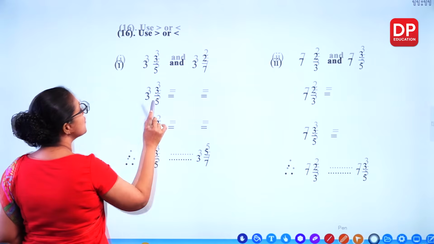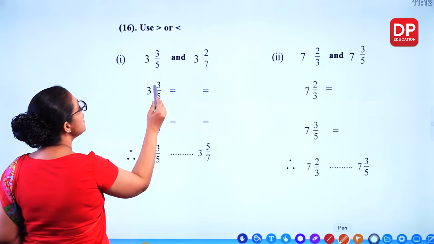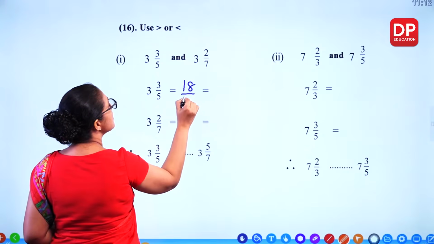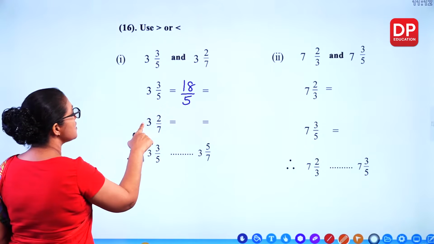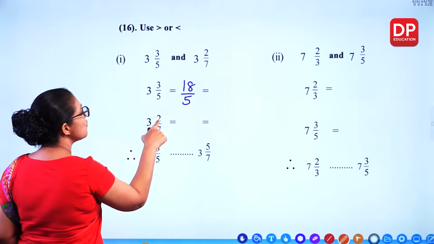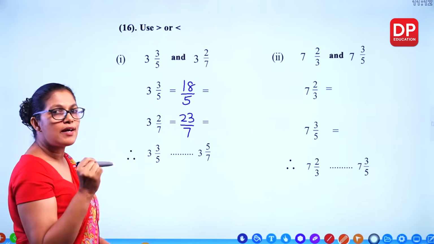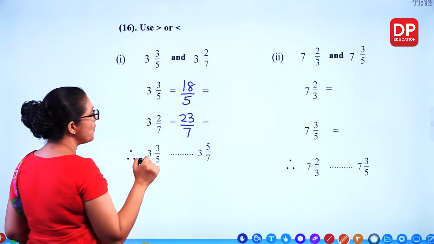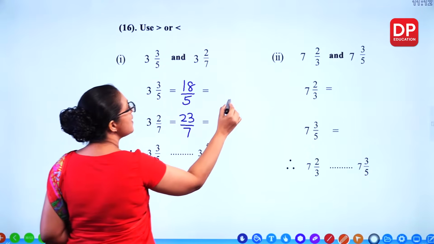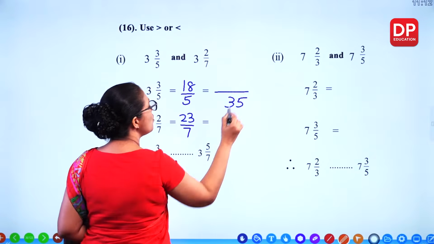3 and 3/5. 5 times 3, 15. 15 plus 3, 18. Here 7 times 3, 21. 21 plus 2, 23. Now what's the next step? Converting to the same denominator. 5 and 7 we can convert to 35.